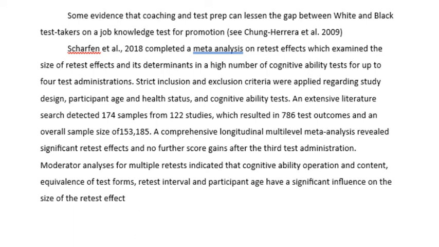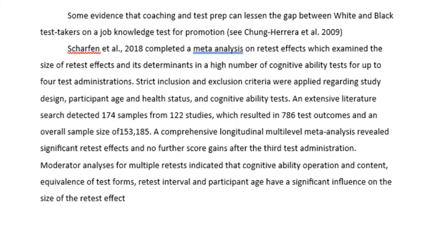Scharfen et al. in 2018 completed a meta-analysis on retest effects, which examined the size of retest effects and its determinants in a high number of cognitive ability tests for up to 4 test administrations. Strict inclusion and exclusion criteria were applied regarding study design, participant age and health status, and cognitive ability tests. An extensive literature search detected 174 samples from 122 studies, which resulted in 786 test outcomes and an overall sample size of 153,185.